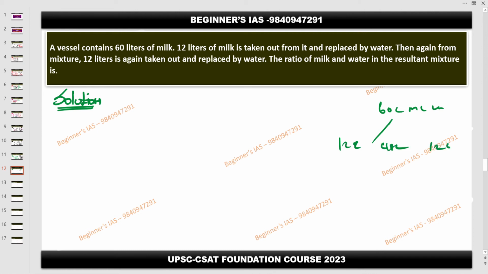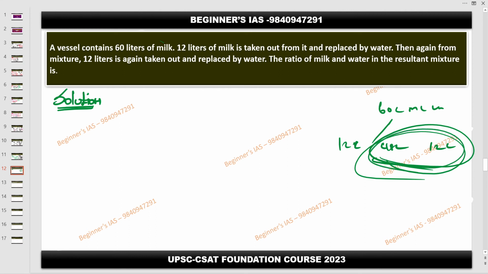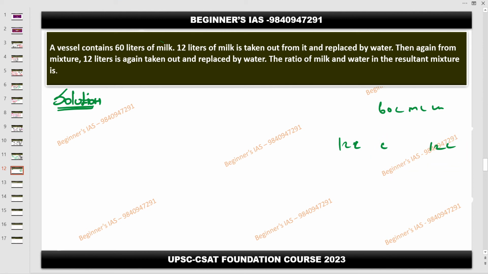Then you add 12 liters of water. Again from this mixture an amount of 12 liters is taken, which means the water is also contained here. So like that you need to do the manual calculation.